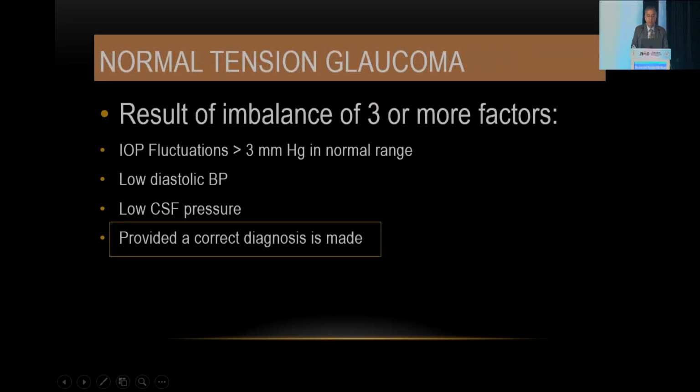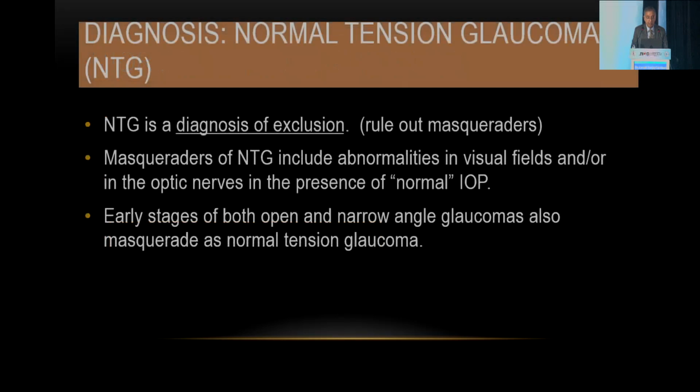Normal tension glaucoma is the imbalance of 3 or more factors: intraocular pressure fluctuations of more than 3 millimeters of mercury in the normal range, low diastolic blood pressure, low cerebrospinal fluid pressure, but of course, provided a correct diagnosis is made. The diagnosis is one of exclusion.